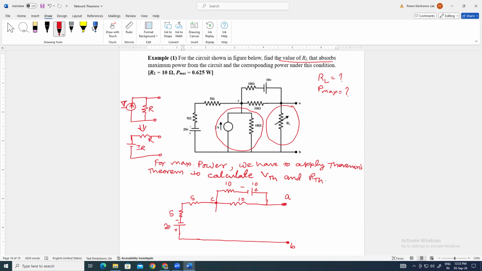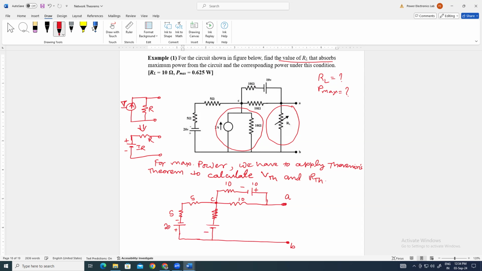So similarly, we will convert this current source into a voltage source. The current direction is upward, so we take minus here and plus here, because in sources the current flows from lower potential to higher potential.